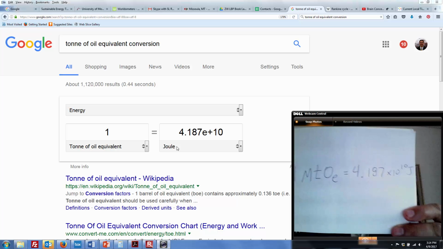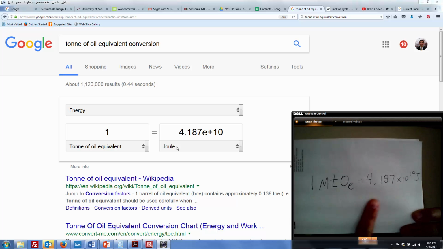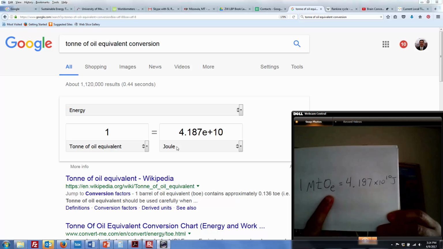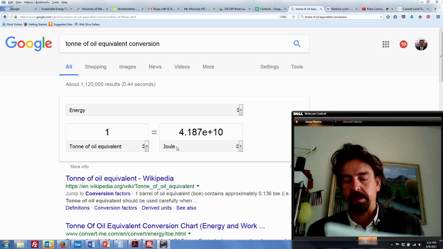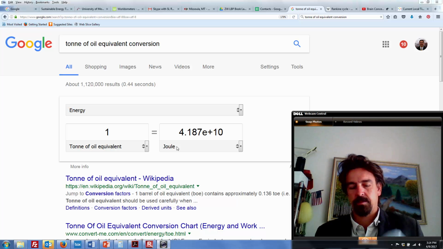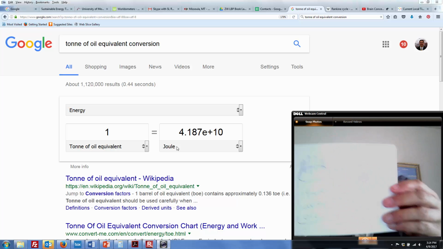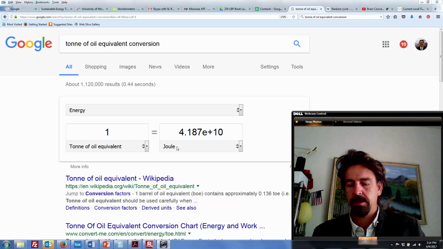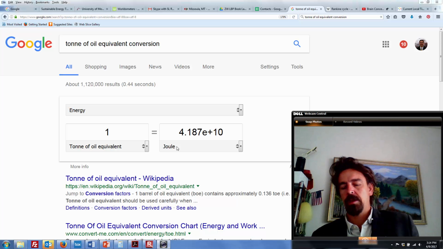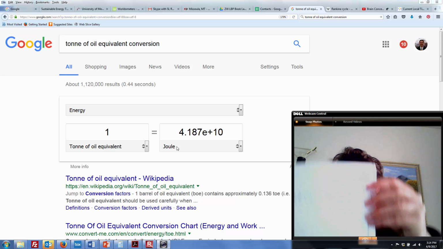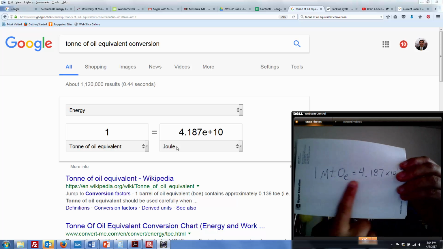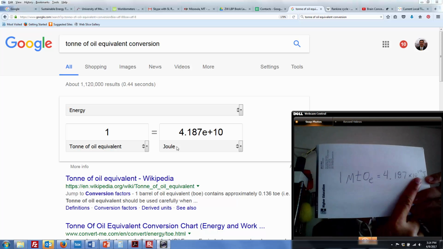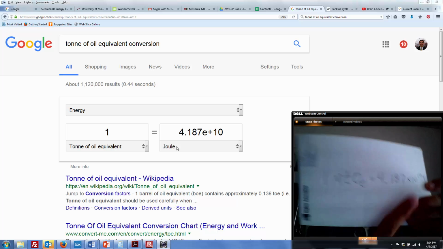Okay, so here we go. So this is 1 metric ton oil equivalent. So that's, again, this barrel of oil. That's how much energy that has. That equals, it's the same, that equals 4.187 times 10 to the 10th joules.